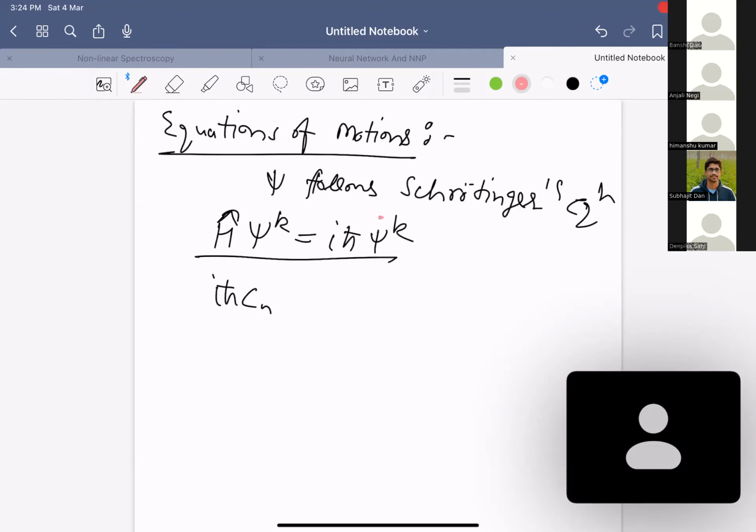Okay. So this is the Schrodinger equation, which we can also write simply like this.